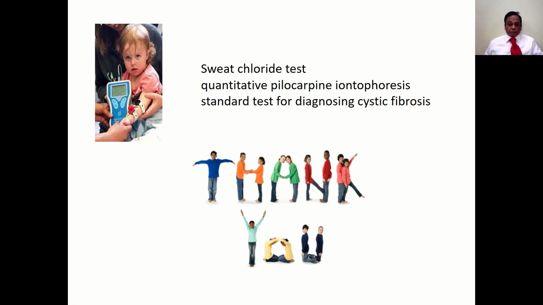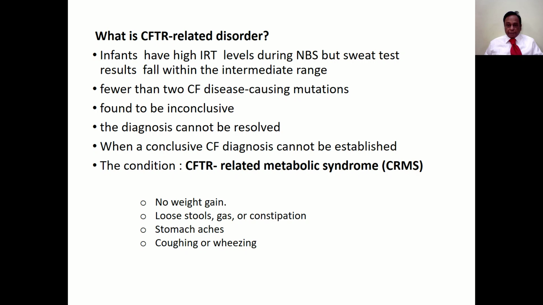I think this is the last slide, and before that I want to say one thing. Sometimes in newborn screening you have high immunoreactive trypsinogen, but the sweat test may be normal or in an intermediate range.